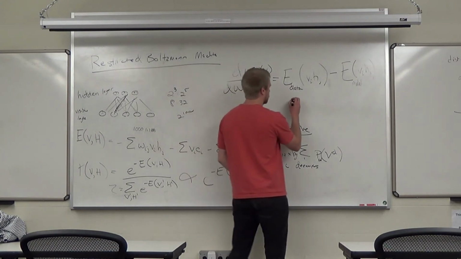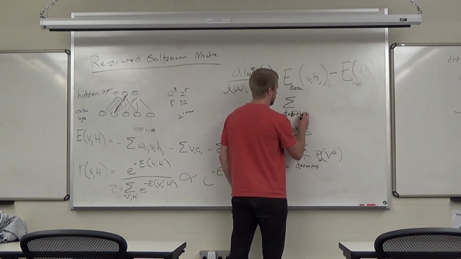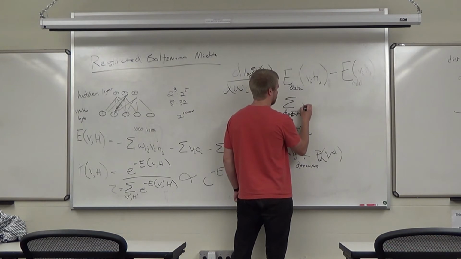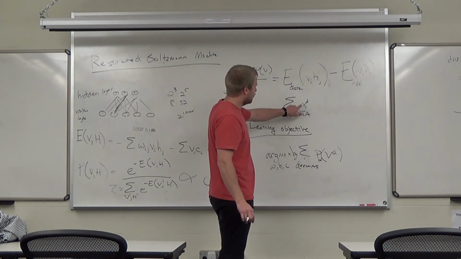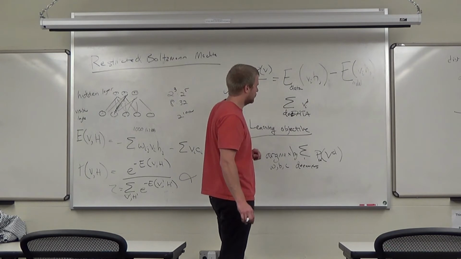What this means is the ith pixel in the dth training example.